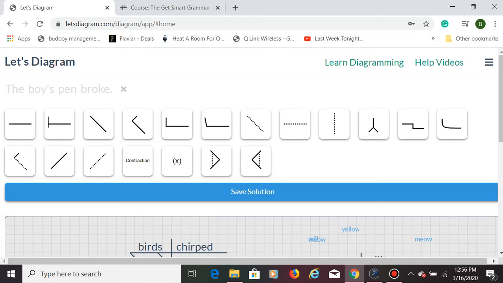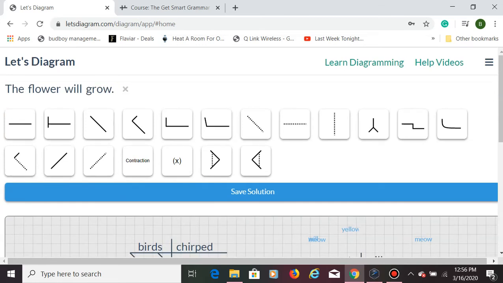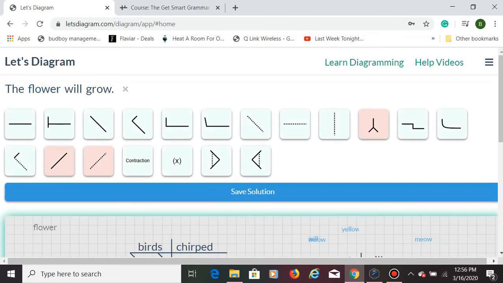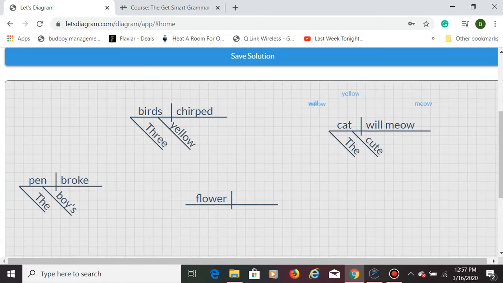Now, the next sentence we are going to diagram is the flower will grow. What is the subject of the sentence? The subject of the sentence is flower. Put that in our subject area.